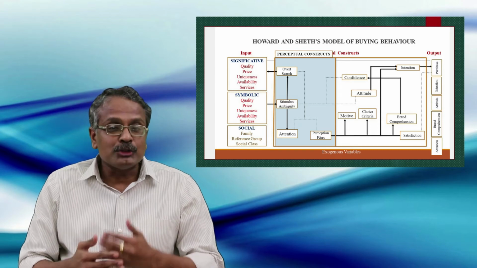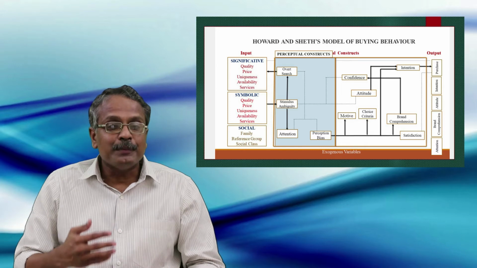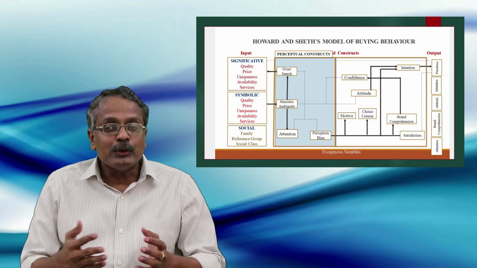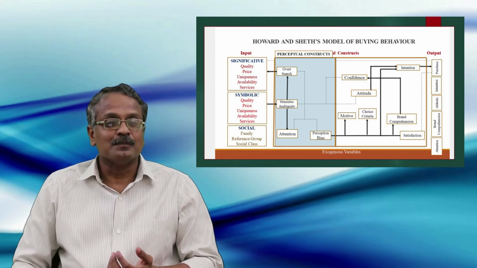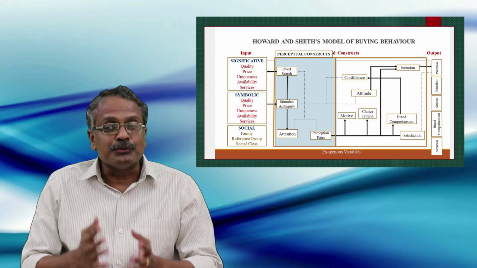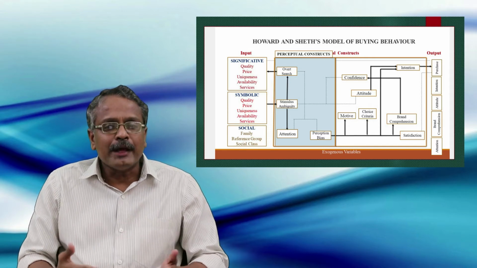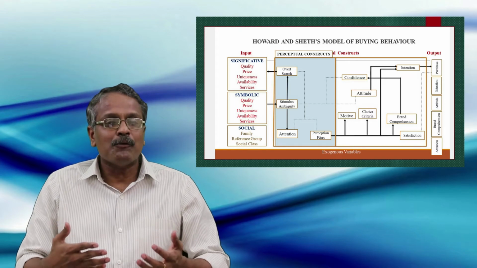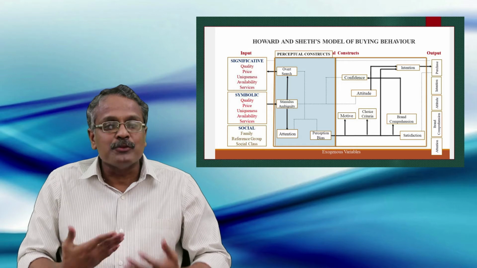Here, as part of the marketing efforts by the marketer, a lot of information may reach the consumer, and because of the information overload, he may get confused. Or sometimes he may not get sufficient idea about the product. Or sometimes the consumer may not have proper knowledge or experience to understand the information received.